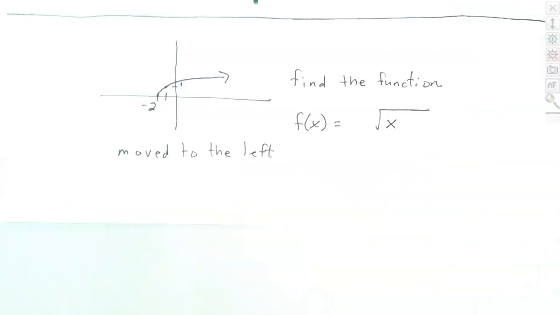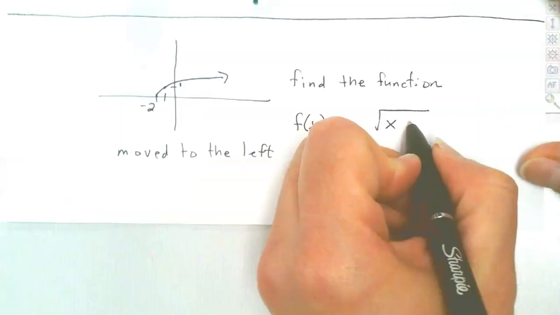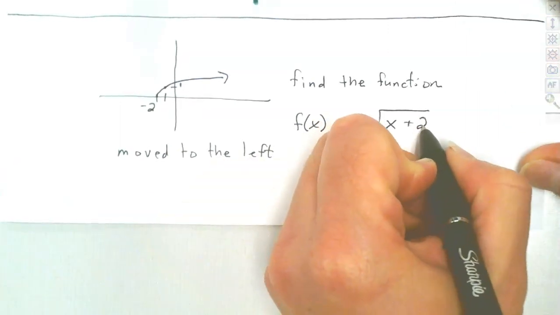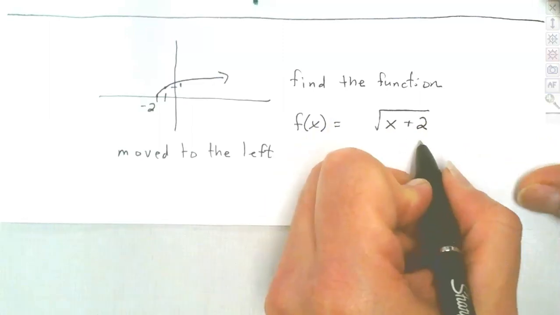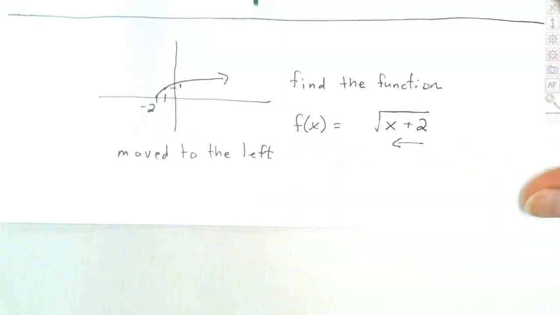And what would make that move to the left? That would be the square root of x plus 2, because that plus 2, remember, would make it move back 2.